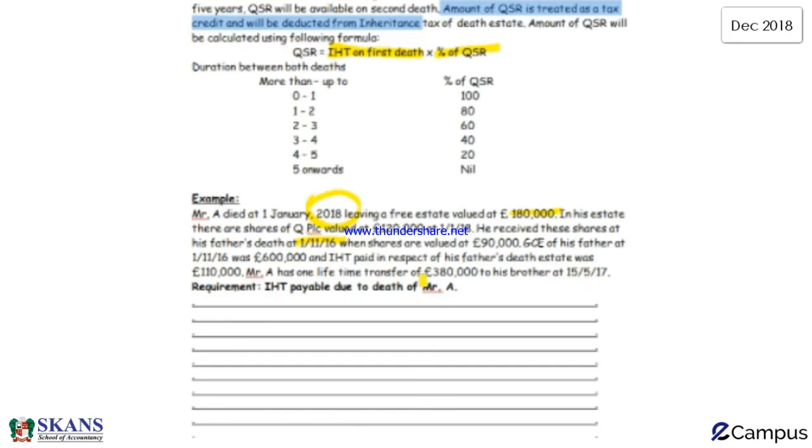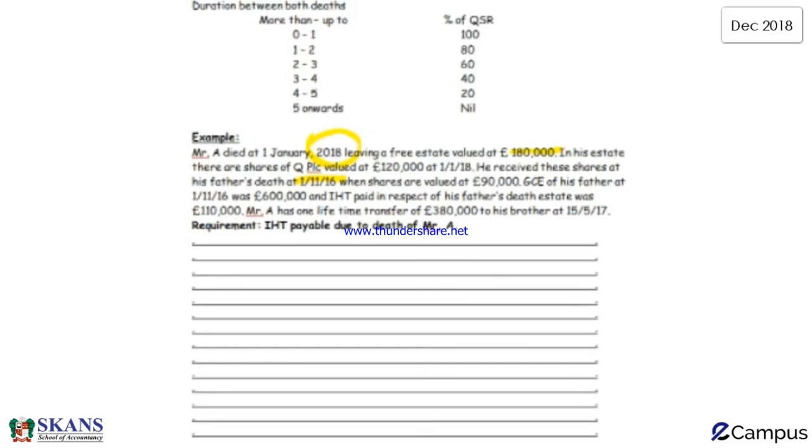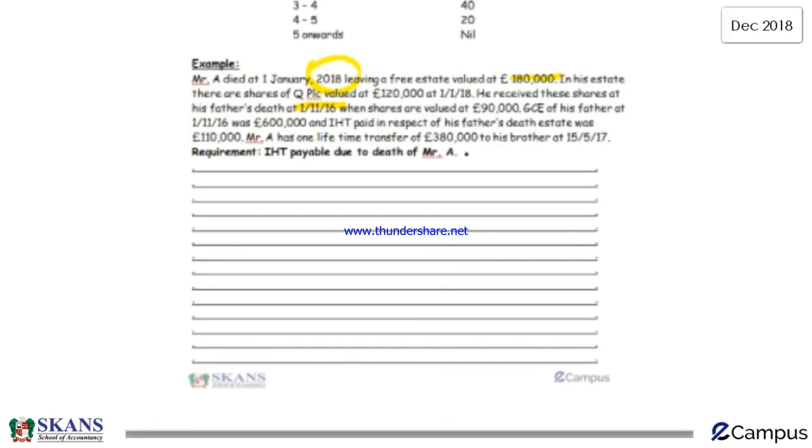Right now, we are required to calculate the IHT payable by Mr. A on his death estate. For that, as you know, the gross chargeable estate of our client is 180,000.